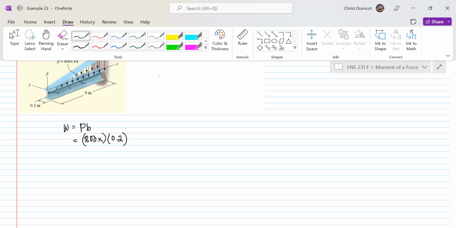And we know 800x has a unit of Newton per meter squared, so Newton per meter squared times meter becomes Newton per meter. So our distributed loading now becomes 800 times 0.2, that's 160x, and the unit is Newton per meter.